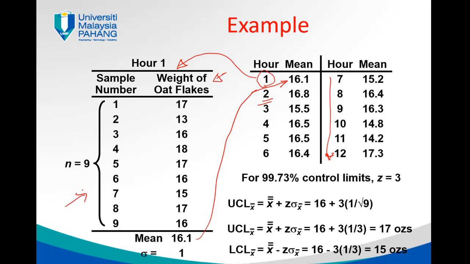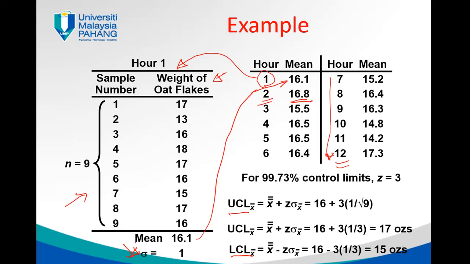Then we calculate the mean for the second hour, which is 16.8. We repeat this process until the 12th hour, and from there we can calculate the upper control limit and lower control limit. In this case the standard deviation is given as 1.